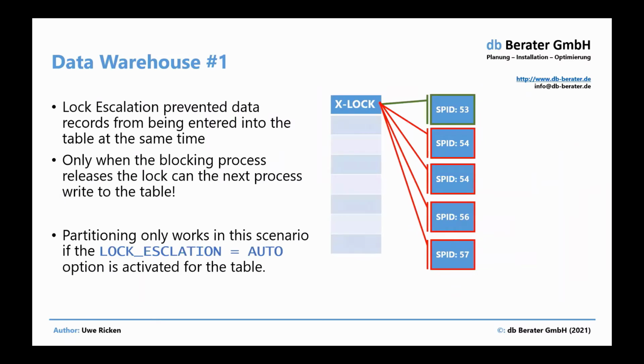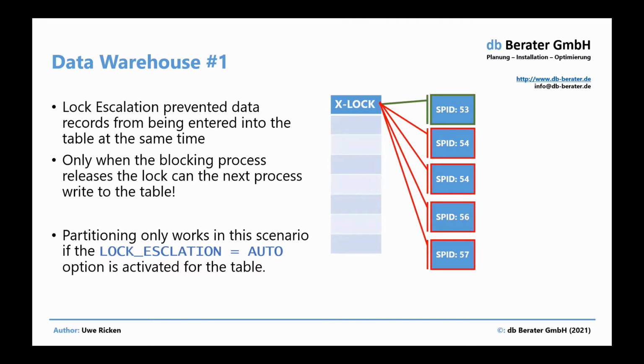Gosh. So the biggest problem here is that we run every single time into lock escalation. That was exactly their problem. So with every new supermarket they were opening, they had more and more problems to be ready in an appropriate time. So the lock escalation prevented data records from being entered into the table. And the second thing is that only when the blocking process releases the lock, then we can process the next step.